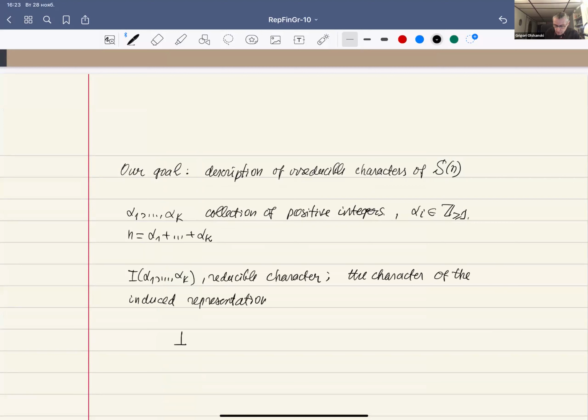Suppose we take the group Sn and what is called a Young subgroup, and we induce from it the trivial one-dimensional representation.